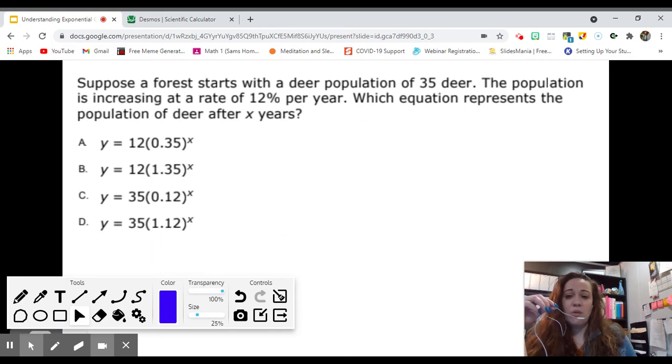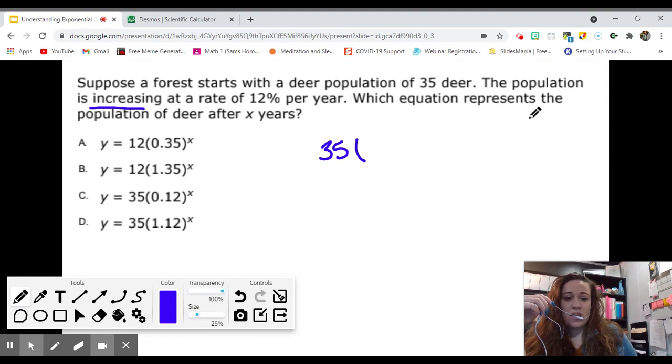Okay, suppose a forest starts with a deer population of 35. The population is increasing at a rate of 12% per year. So we have 35 as the amount of deer that we start off with. It's increasing.